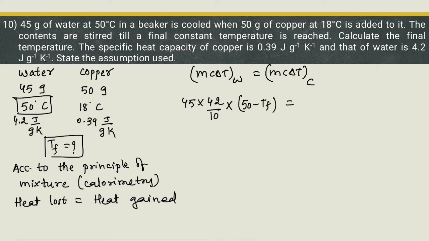Okay, mass of copper 50 into specific heat capacity is 0.39, so 39 upon 100 into TF minus 18, because the temperature of copper increases. So final temperature is greater than initial temperature. 10 cancels here.